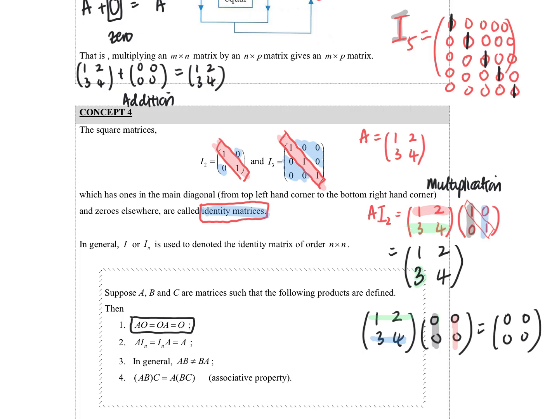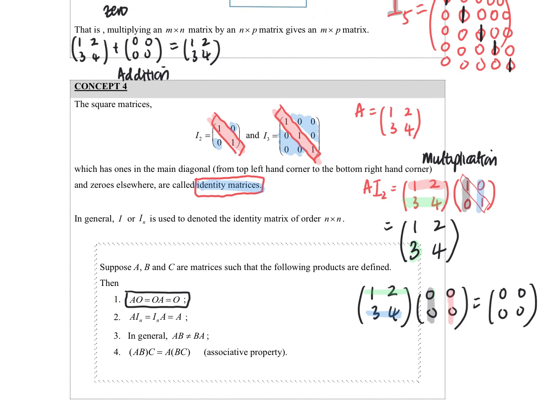So this is AO or OA gets 0. But if you multiply by the identity, you get back yourself. So if you look at this, don't need to panic. It's exactly what I'm saying here, just in algebra form. So multiply by 0, get 0. This one, multiply by identity, get back yourself.